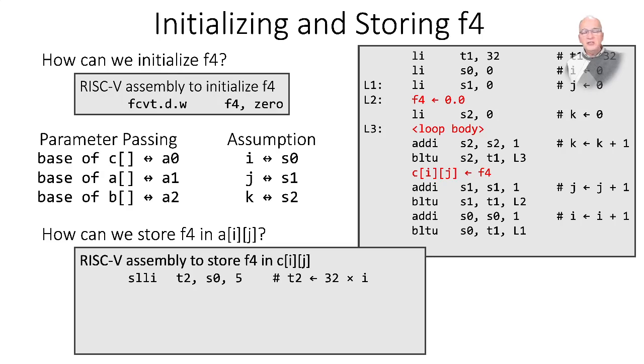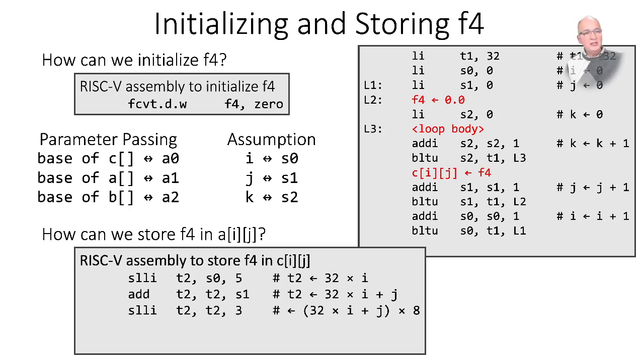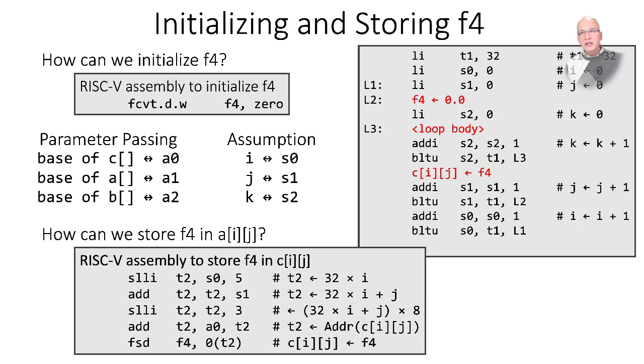I have CIJ, so I need to multiply I by 32. I add J to it, I multiply by 8, and then I add this to the base of the array, that is the address of C, that was in A0, and then I do an FSD, that is a float store double, and that will write the 64 bits, that's 8 bytes, into the address that was specified.